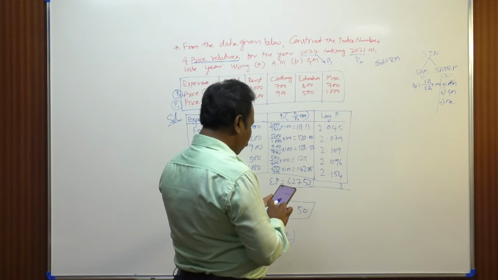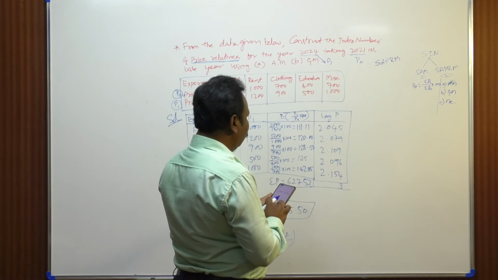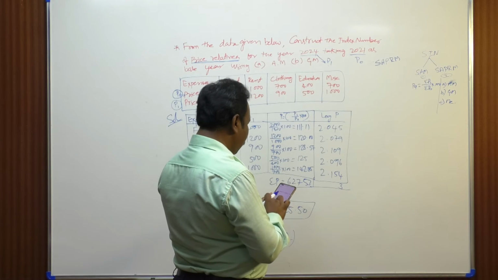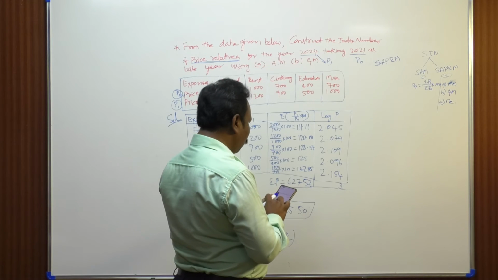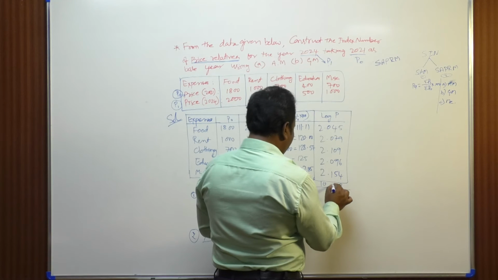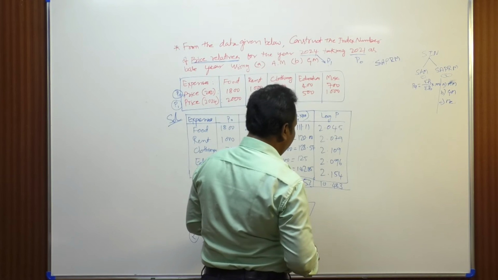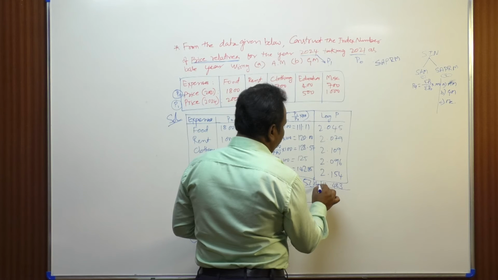2.045 plus 2.079 plus 2.109 plus 2.096 plus 2.154 equals 10.483, that is sigma log p.